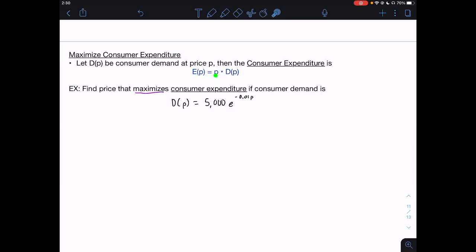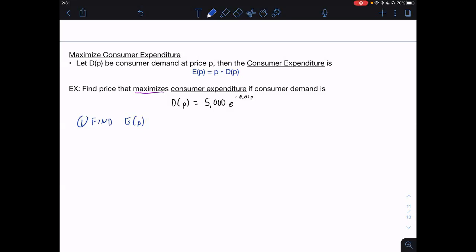E of P equals P times D of P. We're not trying to optimize the demand, we're trying to optimize the expenditure function, not the demand function. But we can use our given demand function here to find E of P. So the first step for this type of problem is to define your expenditure function, your E of P.